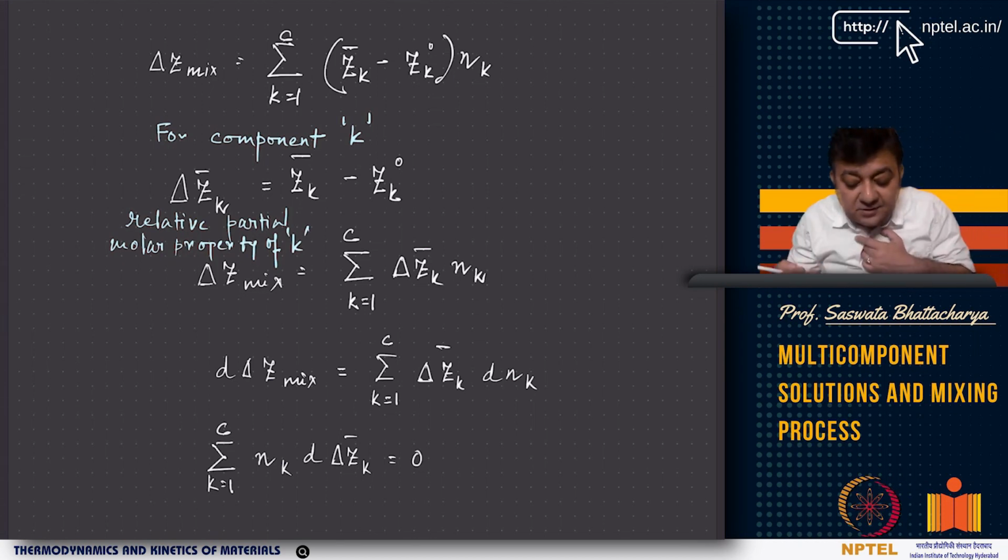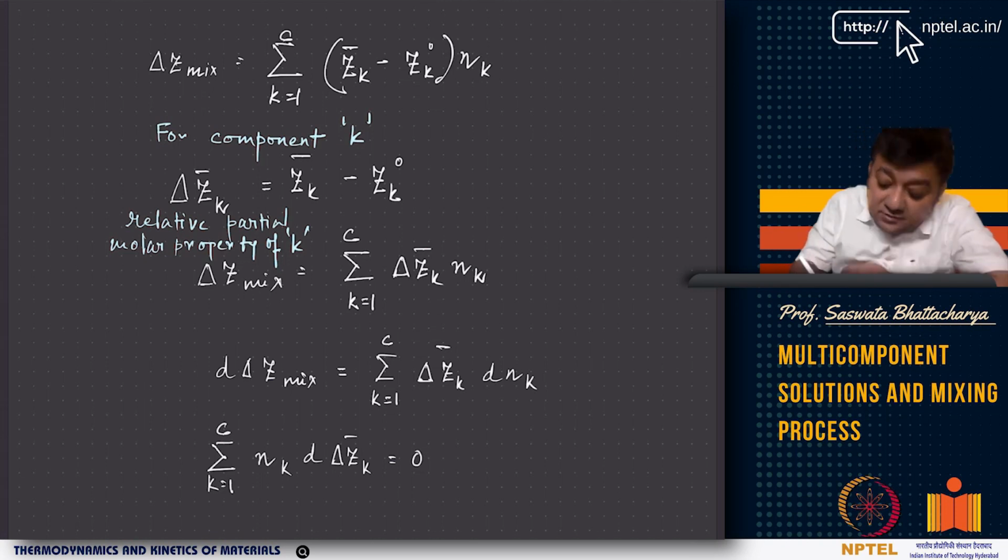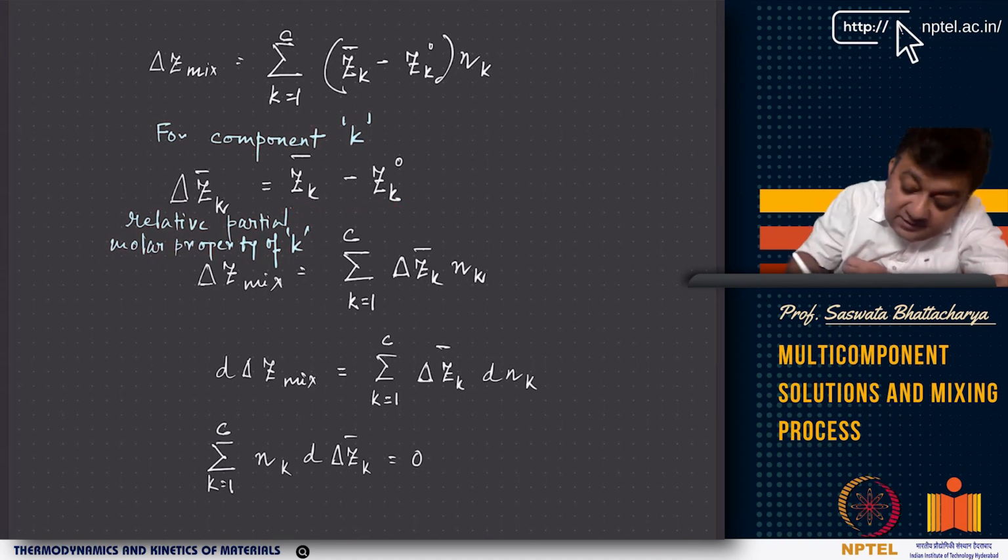Okay, or change in partial molar property of component K due to mixing. So delta Zk bar is basically Zk bar minus Zk0. Again, this is nothing but the pure component standard.